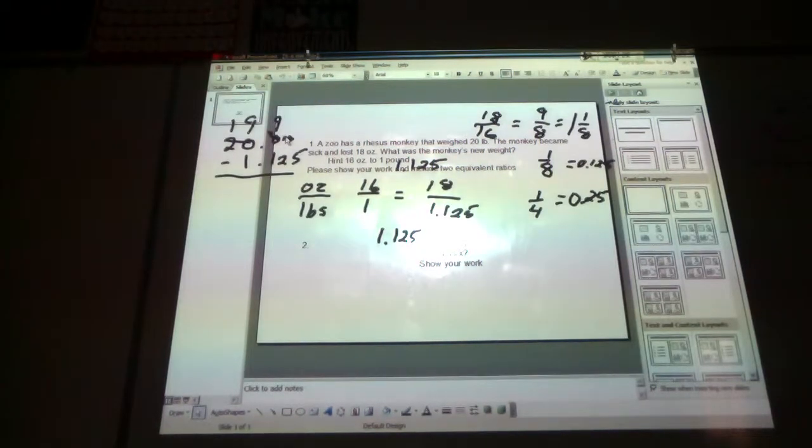This 10 right here needs to be borrowed, so I make that 9, and that makes this 10. The answer is 18.875. Now, I'm going to show you other ways as well. This is one of the acceptable answers for today, and that would be 18 and 875 thousandths of a pound, lbs. Whoa.